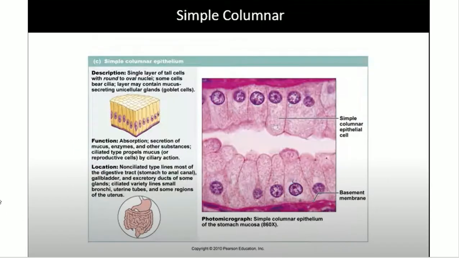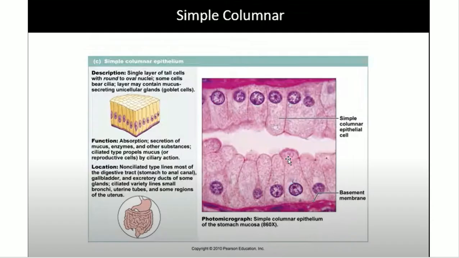Simple columnar. So all of these cells touch the basement membrane. This part of the cell is called the apical surface. And then this is the hollow middle. So this is a stomach mucosa cell, right? Or this is simple columnar epithelium of the stomach mucosa. So this in the middle is hollow. And that's just a simple columnar epithelial layer right there.